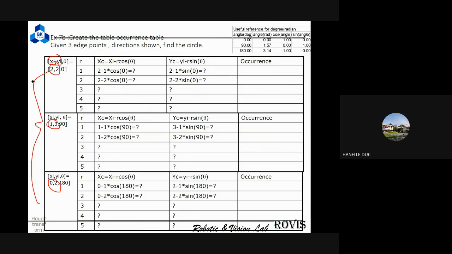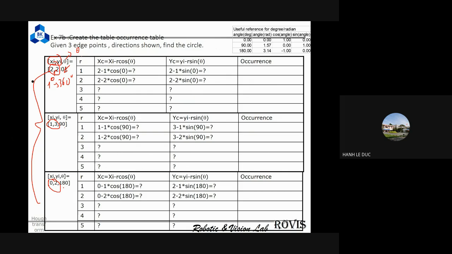So first we vary the theta. As I said before, at each point here, we have to vary theta from 1 degree to 360 degrees, right? But here I just give you some important theta values: 0, 90, and 180, okay?